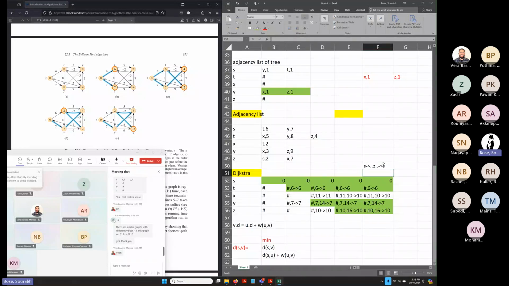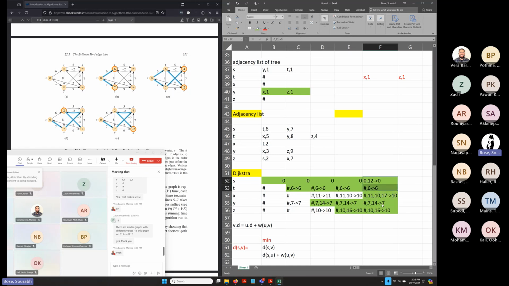S to Z is 10, plus 2, you are offering 12. And S remains 0. Next, you're offering to X. For X, you are offering 10 plus 7, so 17. And it remains as it is because 10 is the smallest value. And then basically we are going to extract that out.